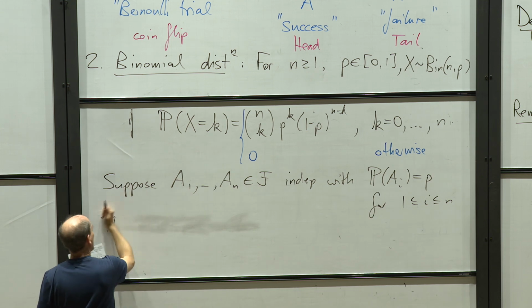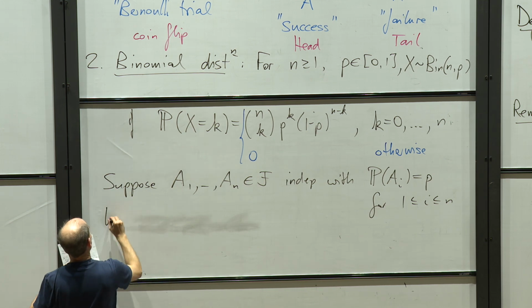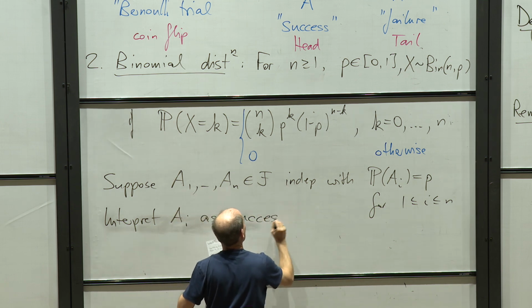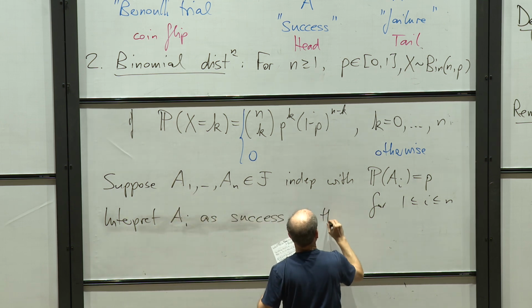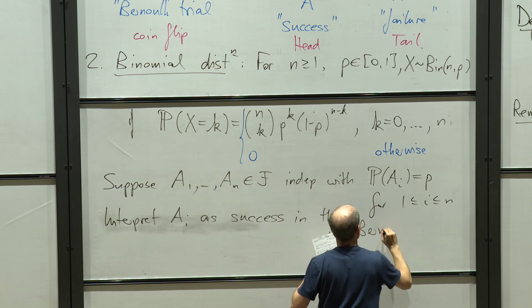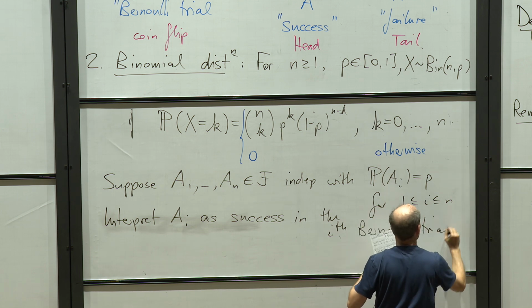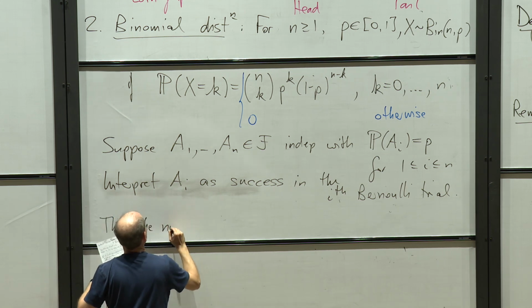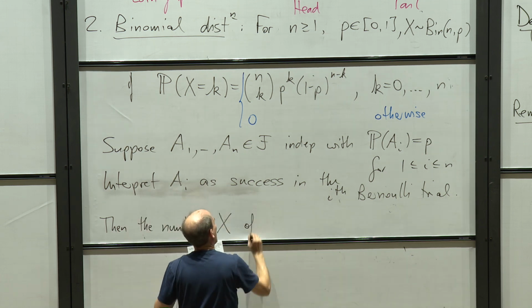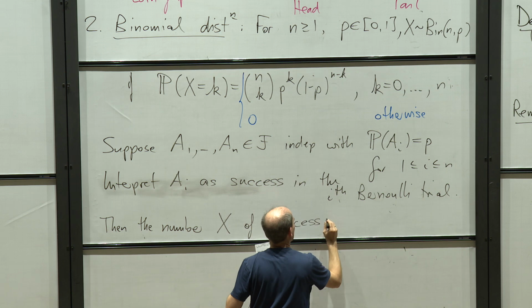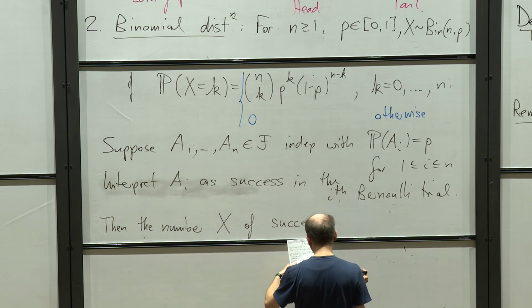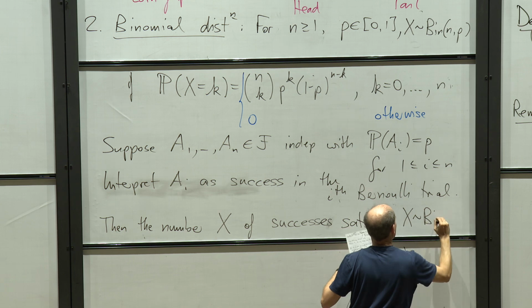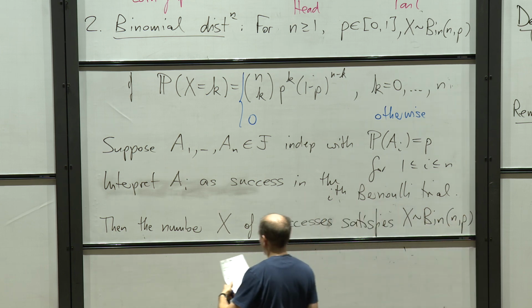Although I've done it for a single one, it will be better to say we interpret AI as success in the ith Bernoulli trial in a sequence of Bernoulli trials, and then the number of successes, so the number x of successes, satisfies that x is binomially distributed with parameters n and p.